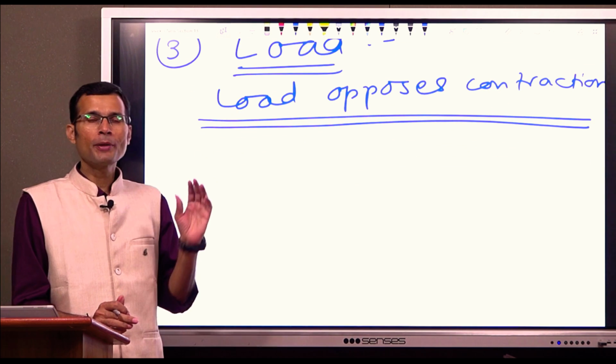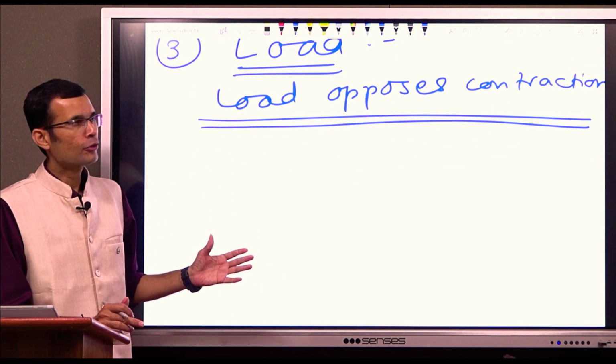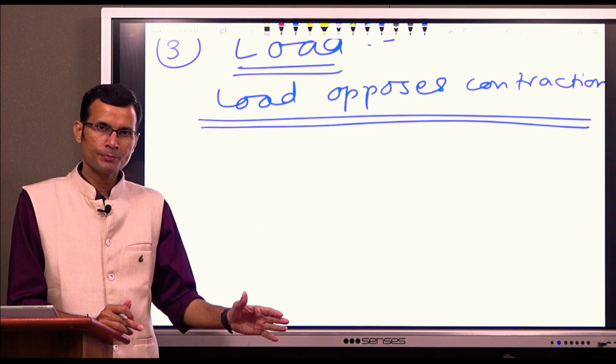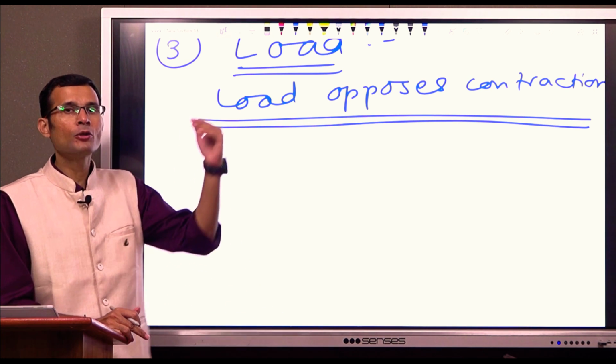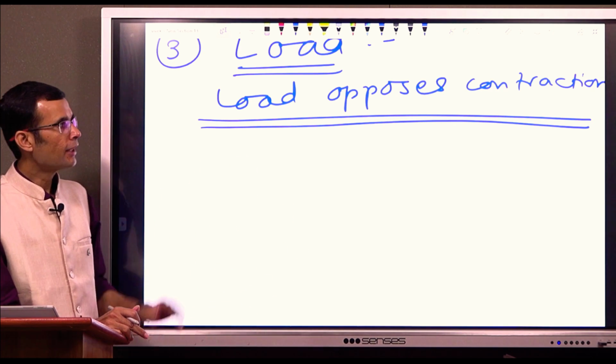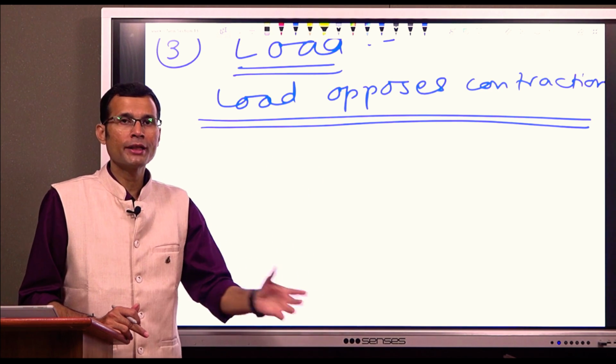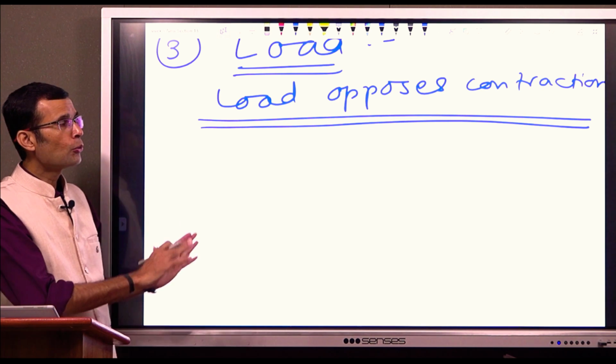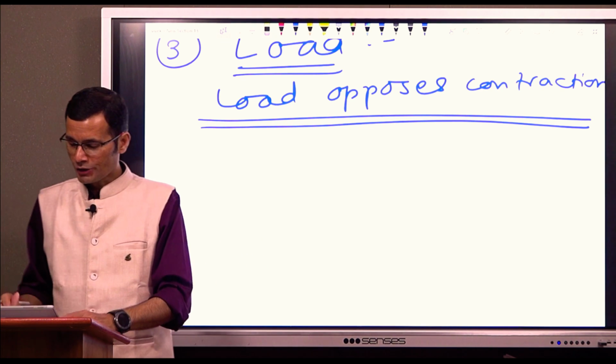So, if you apply the load, the strength of contraction will decrease. If you increase the load, if you increase the weight which has to be lifted, strength of contraction will go on decreasing. So, first point is load opposes the muscle contraction.